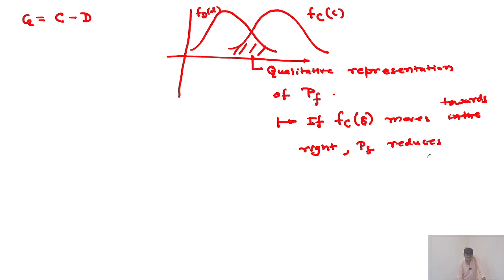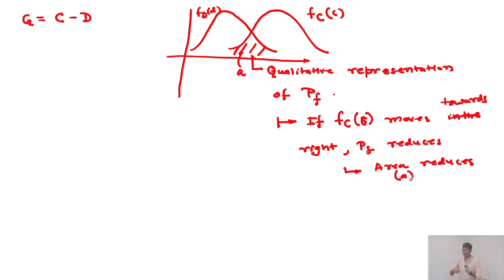And along with that, we also see that the area under the curve reduces. When I say area, I mean this area. Let's call it A. So when I'm saying area, I mean this area A. And similarly, when they come close, the area increases, and we also know the probability of failure increases.